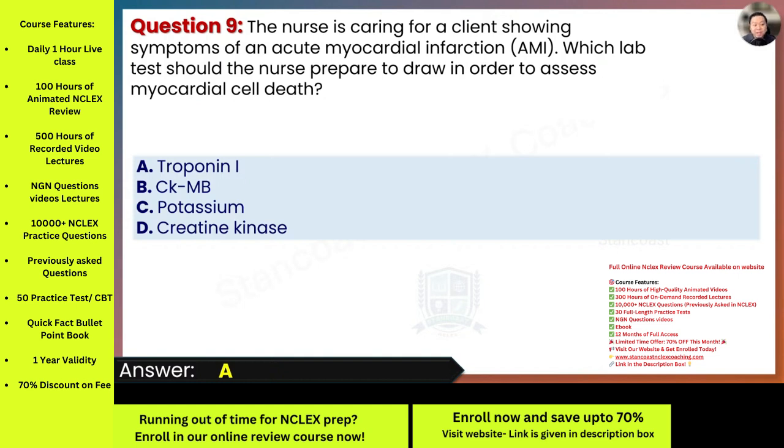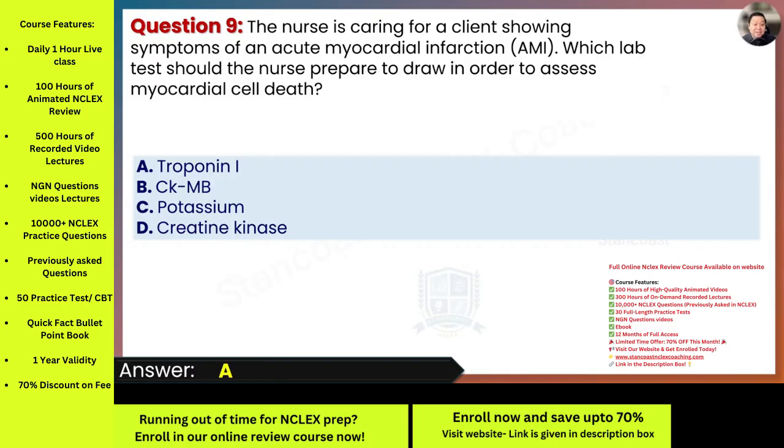Now, the main key takeaway in answering this question is also to focus on the specificity of the test for the myocardial damage. For any myocardial injury, troponin I is the gold standard because it's the most specific and it's sensitive to the heart muscle damage. And I want you to be mindful of the time factors, especially for troponin I, which is a reliable marker for detecting myocardial injury later in the process, which is 7 to 14 hours after the symptoms start.